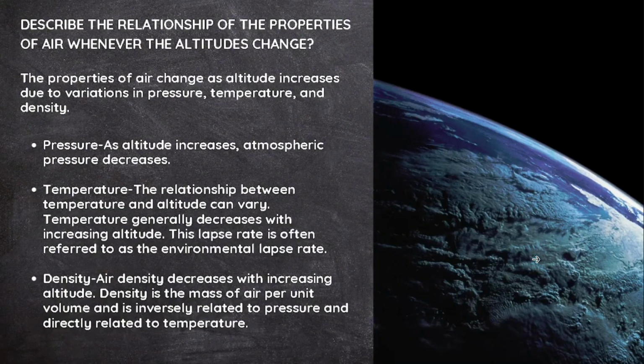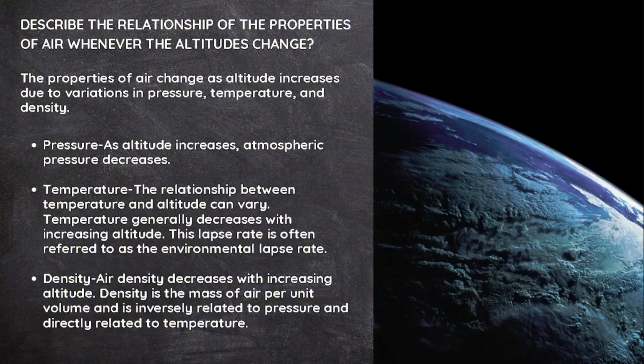So, describe the relationship of the properties of air whenever the altitudes change. The properties of air change as altitude increases due to variations in pressure, temperature, and density. Pressure: as altitude increases, atmospheric pressure decreases.